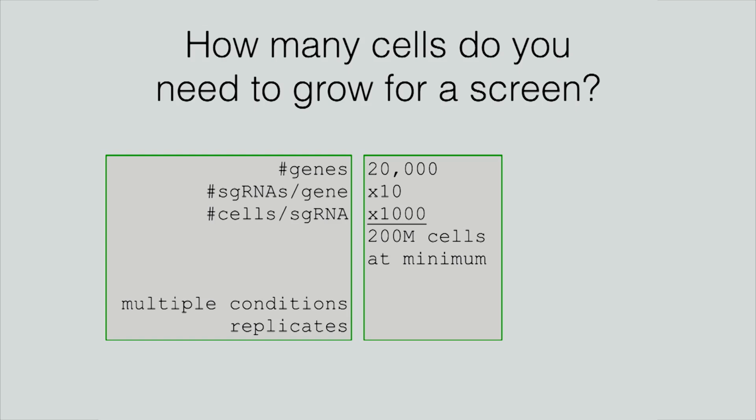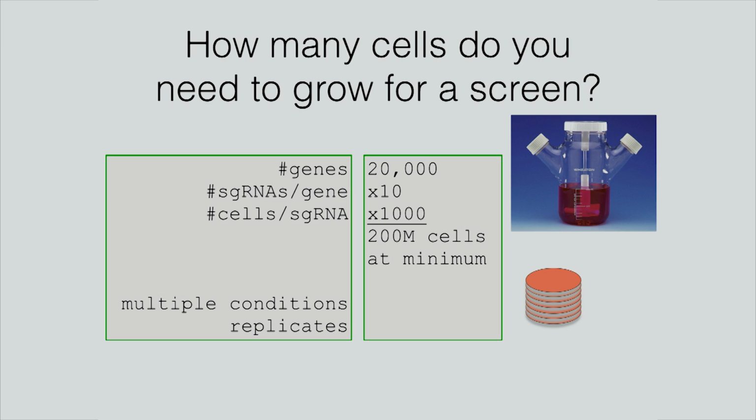If you have a pretty typical number, 10 sgRNAs per gene, in order to get a really robust statistical readout on whether that gene is a hit or not, and then a typical coverage number like 1,000 cells per sgRNA, that already puts you at 200 million cells, which is a lot, but it isn't too bad.